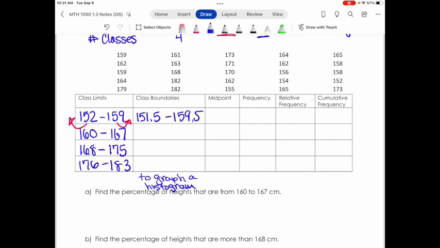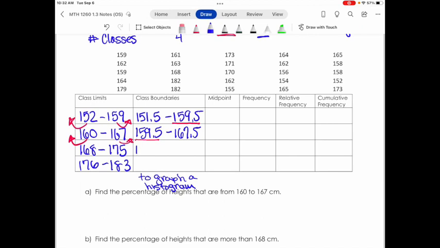Now when I do that for 160, if I come a half to the left, that gives me 159.5, and if I come a half to the right of 167, that gives me 167.5. Now notice there's no gap from interval to interval. It ends with 159.5 and it starts with 159.5 on the next interval.